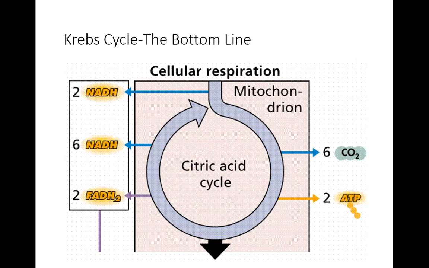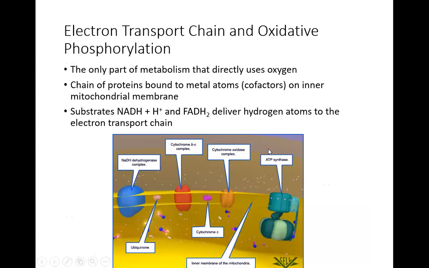We're not there yet. What's more important are those high energy electrons captured over there in the oxidizing agents, the NADs and the FADs. Plus you picked up 2 more from glycolysis. So now we've got high energy electrons and we've got lots of hydrogens. What are we going to do with them?